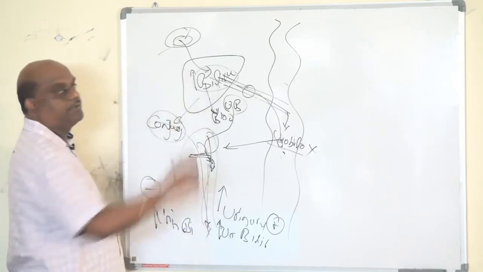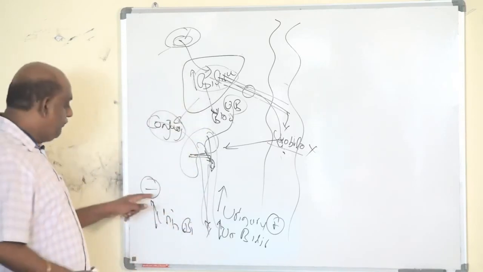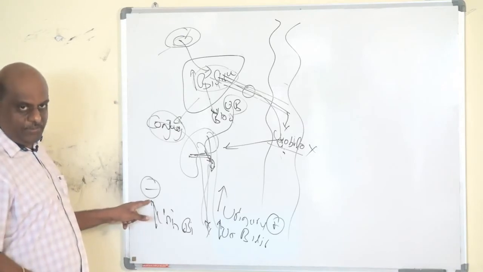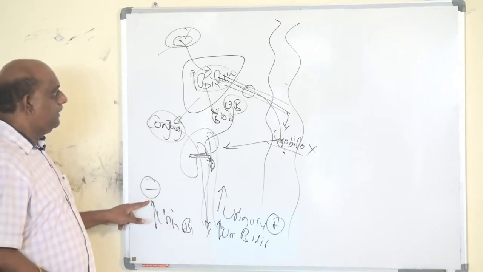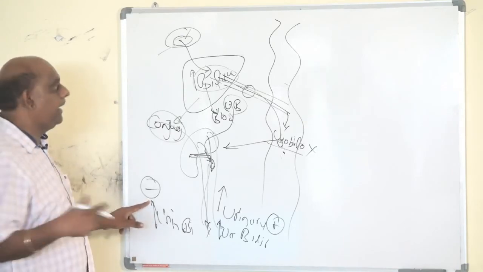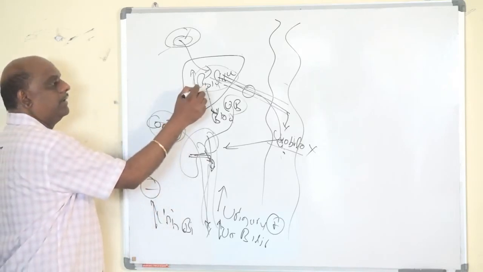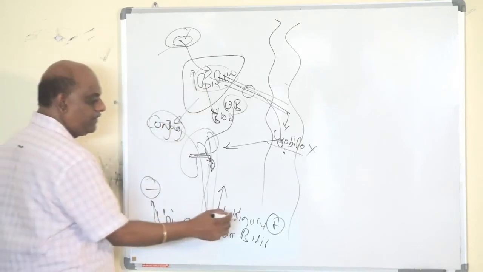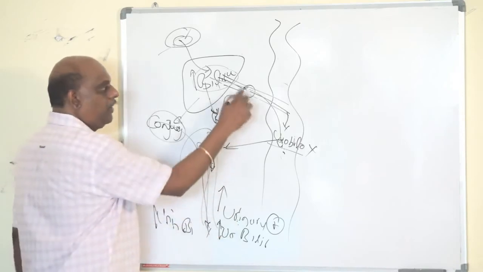That is obstructive jaundice. If you find urobilinogen in the urine, what does it rule out? It means there is no obstruction.